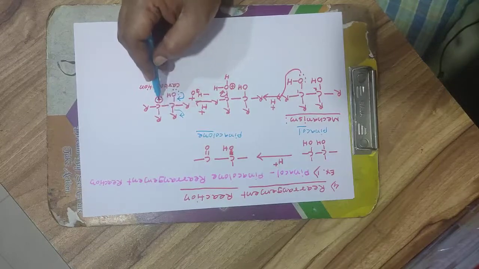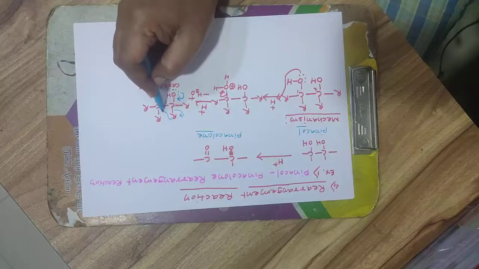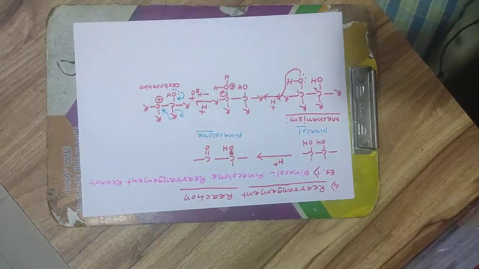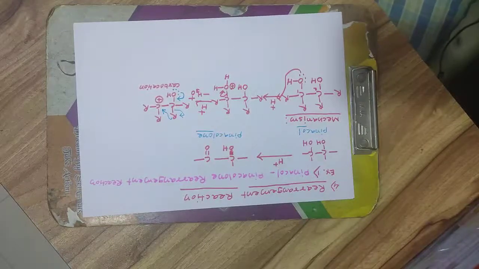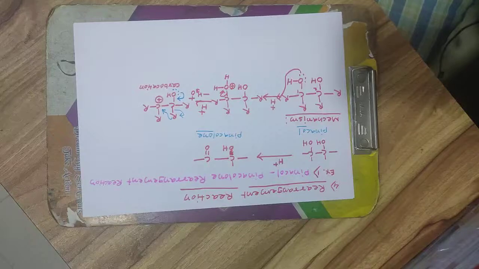So R negative will attack the C positive. So there is a shifting of R negative onto the C positive. This step is called a rearrangement step.